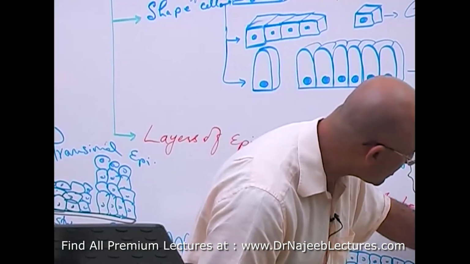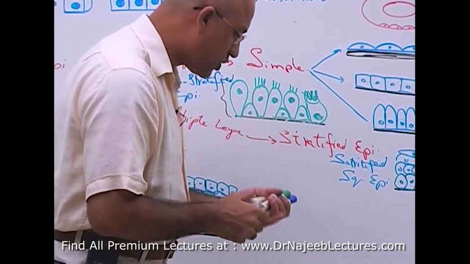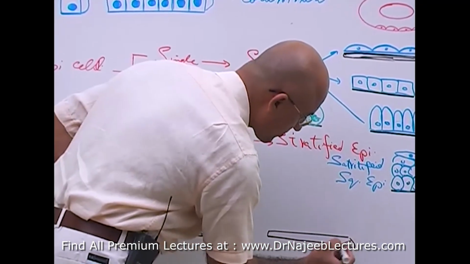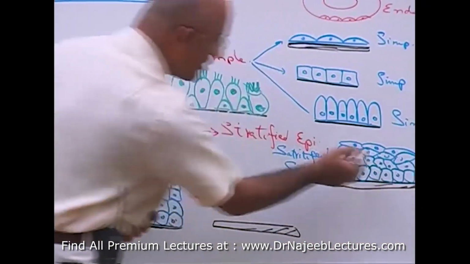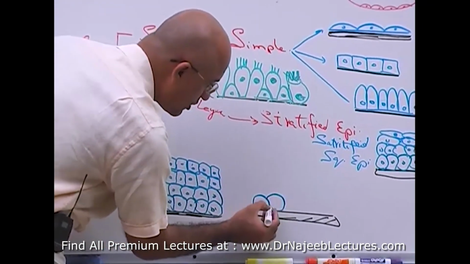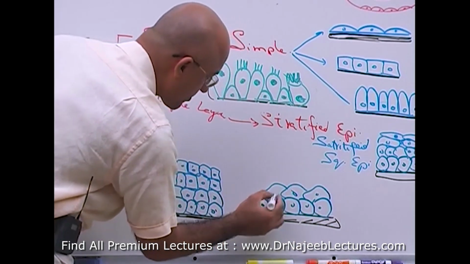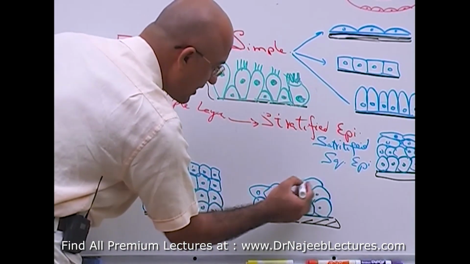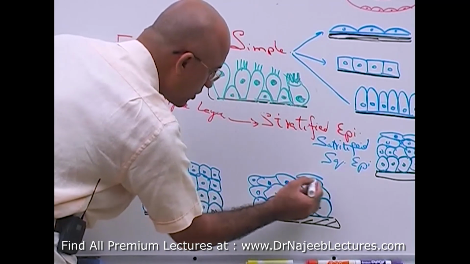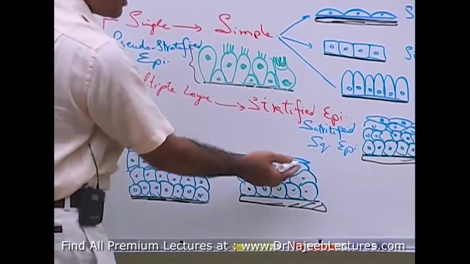Okay, we come back now to stratified squamous epithelium. Listen, stratified squamous epithelium has two variants. This is the basement membrane. This is stratified squamous, but in some of the stratified squamous, even though the top cells are flat, the uppermost layer cells do not have nuclei.